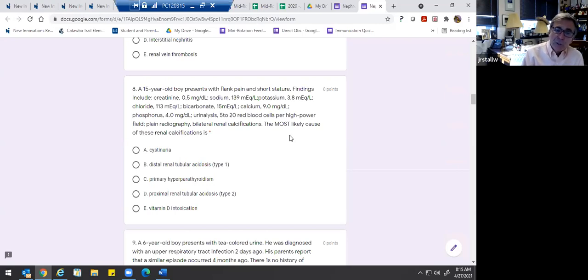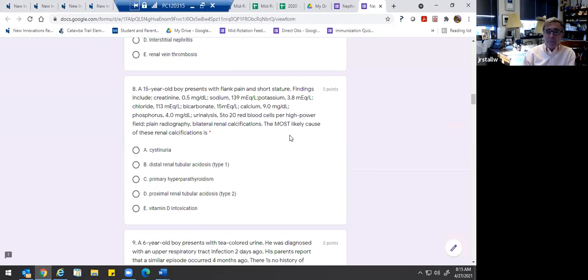But this is cystinuria. Cystinuria is kidney stones. So the kid could have hematuria and have kidney stones, but really they probably should have said, when they say renal calcification, they could have said parenchymal renal calcifications, because the cystinuria would have the kidney stone in the collecting duct.